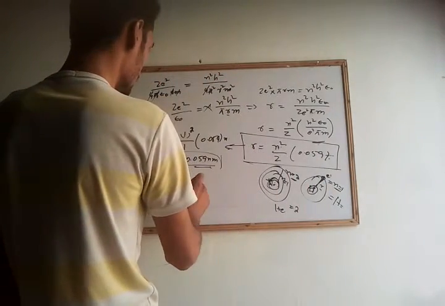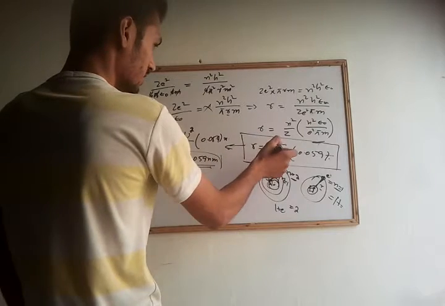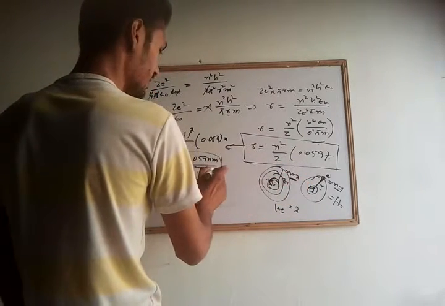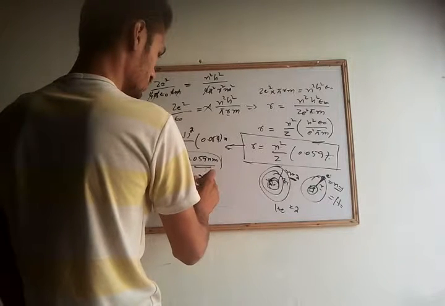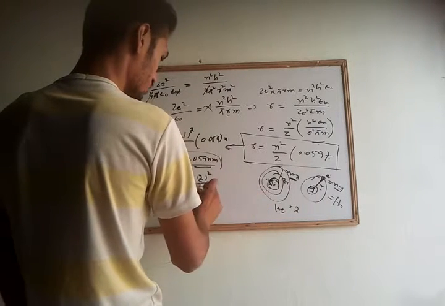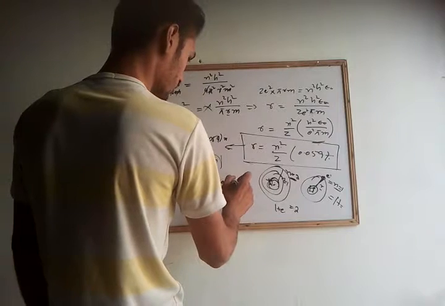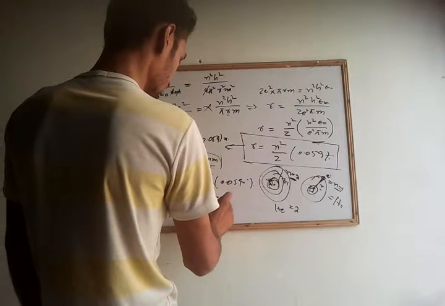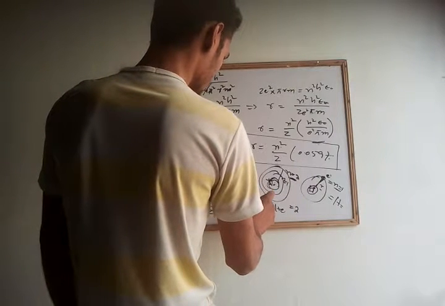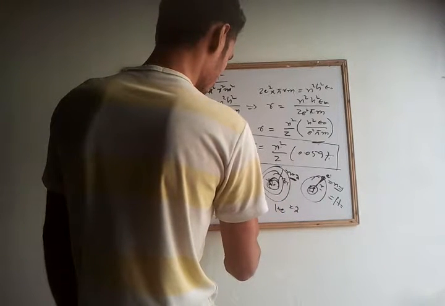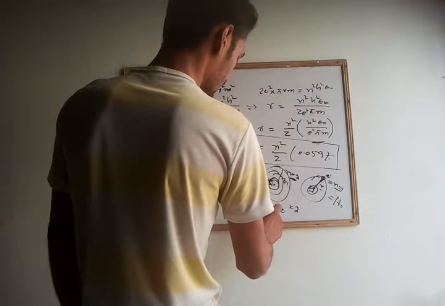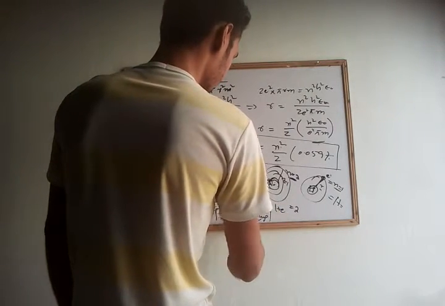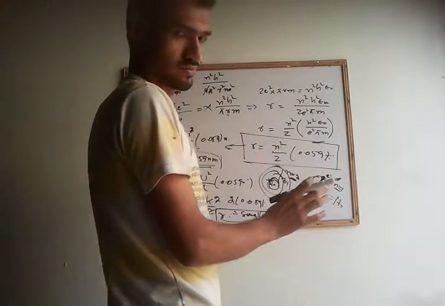So r is equal to 2 square over 2 times 0.059 nanometer. So 4 by 2 is 2. Some value will appear here. This is the radius for the second shell. This is the computed value.